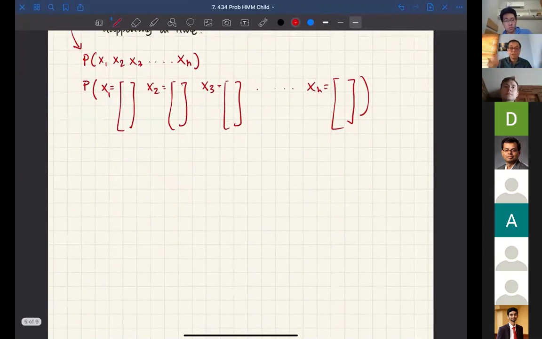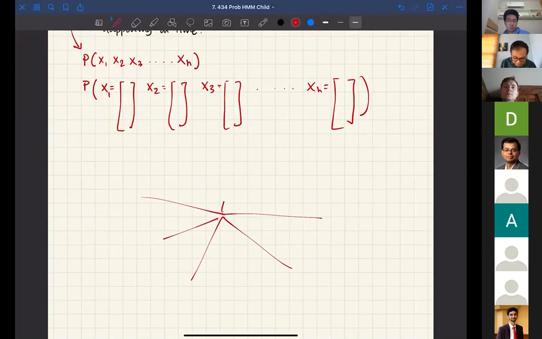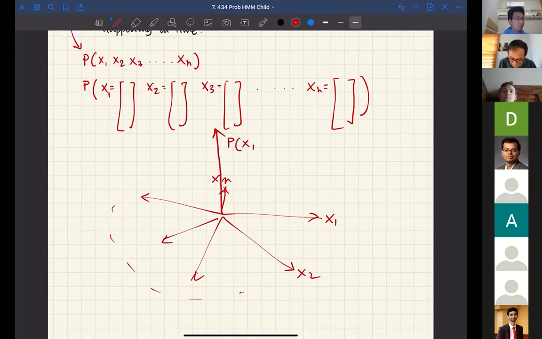Which means their joint distribution would be in an n-dimensional space. And then there's a probability P(x1 to n).